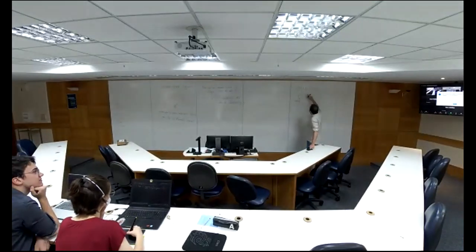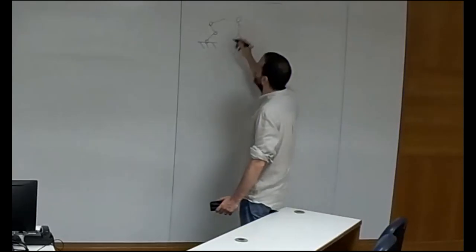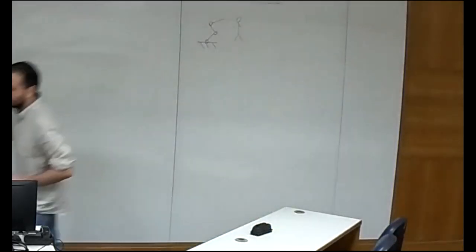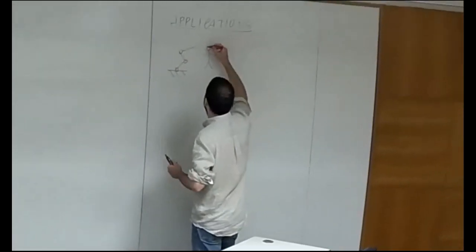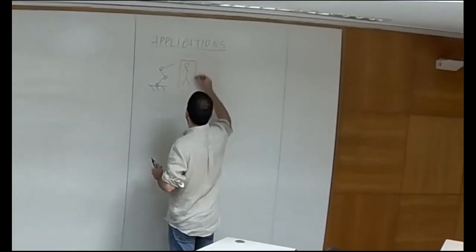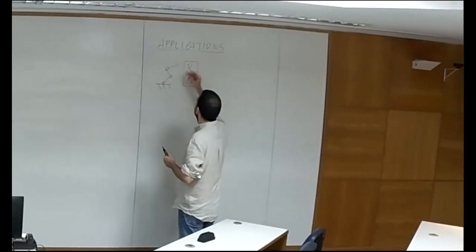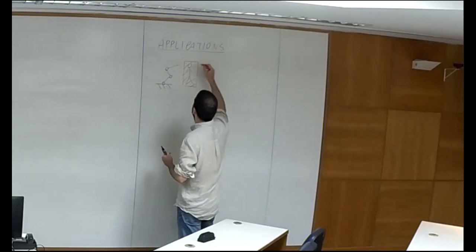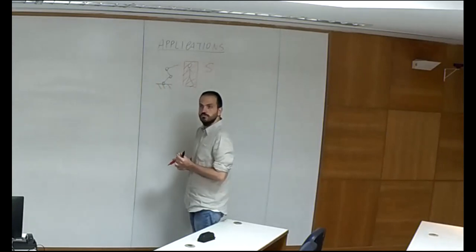Anyway, we would like to keep the robot away from, let's say, this region. So the set S is the complement of this box.